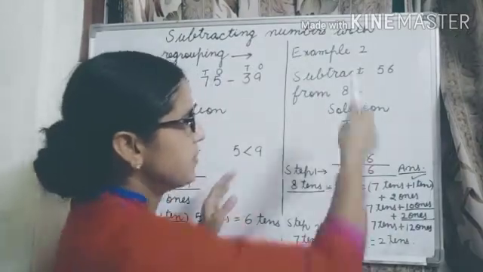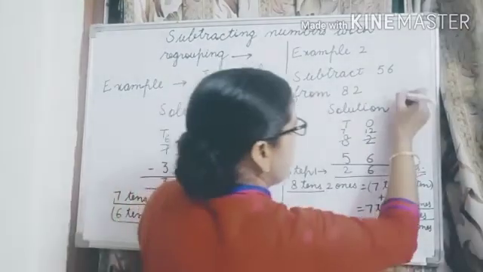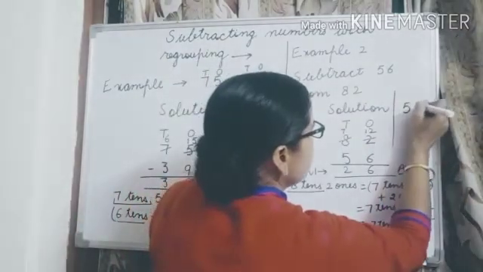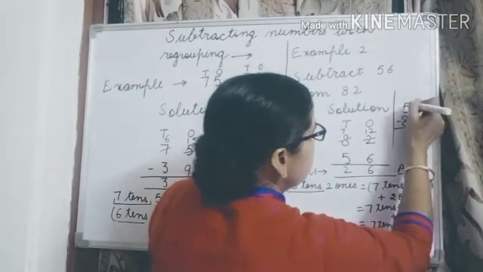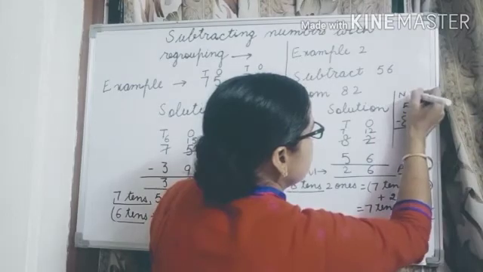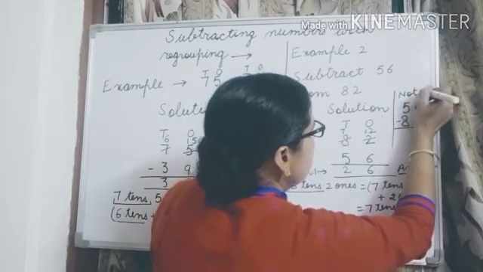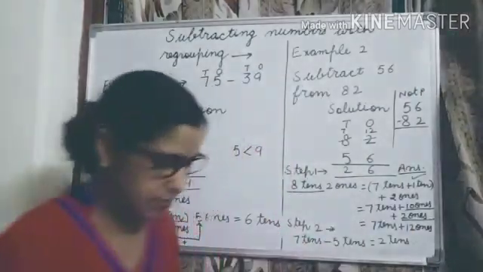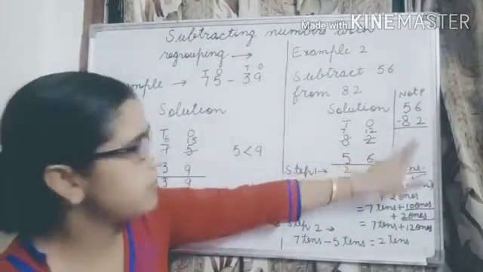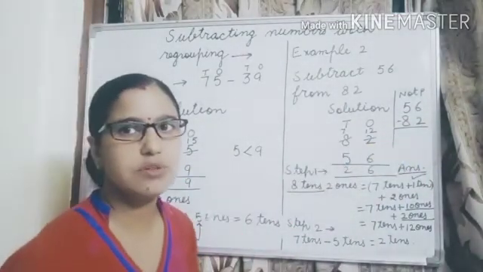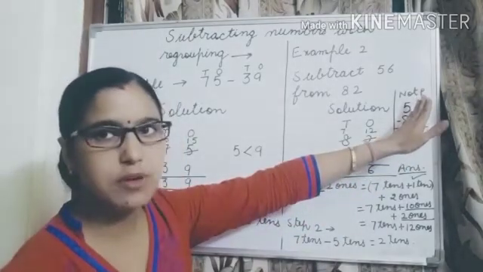If you write 56 upside and 82 downside, then it will not be possible, because we know that 82 is bigger and 56 is smaller. So it is not possible.